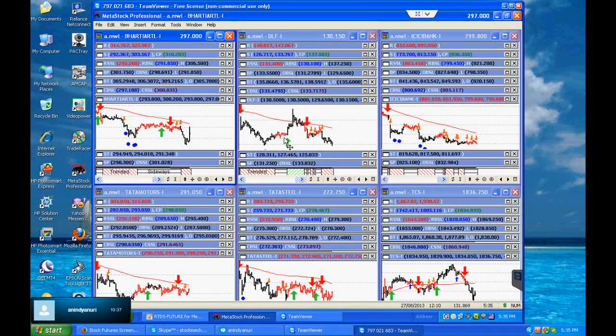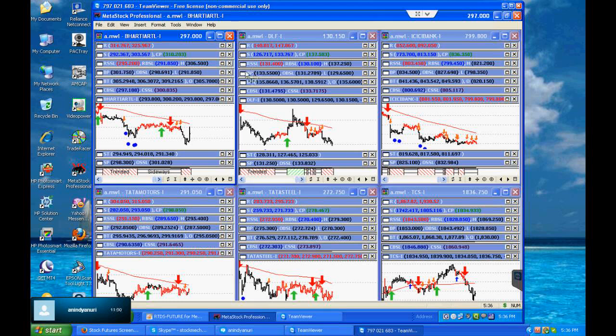The green ones below the red colored flowing filter line we will avoid, and we will do sell signals below the filter line. Whatever sell signals are coming, those we will try to implement. This is a basic rule for us.